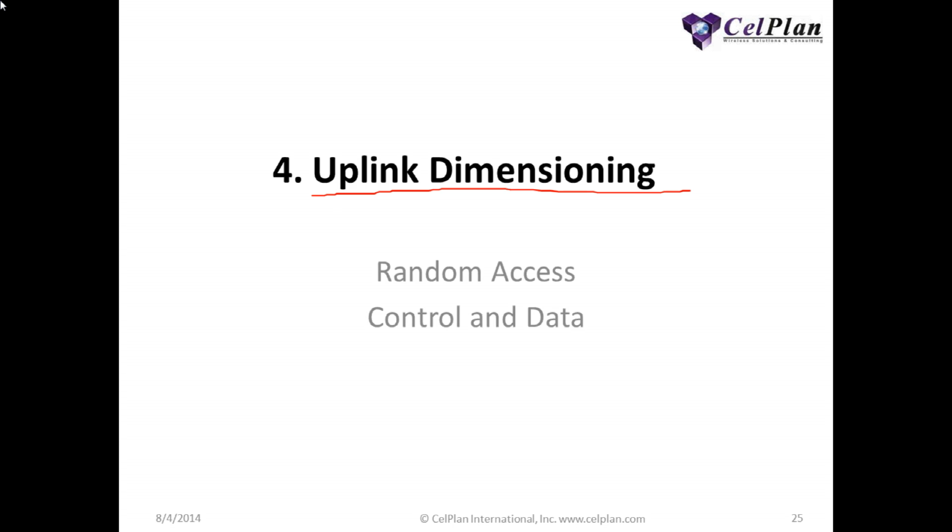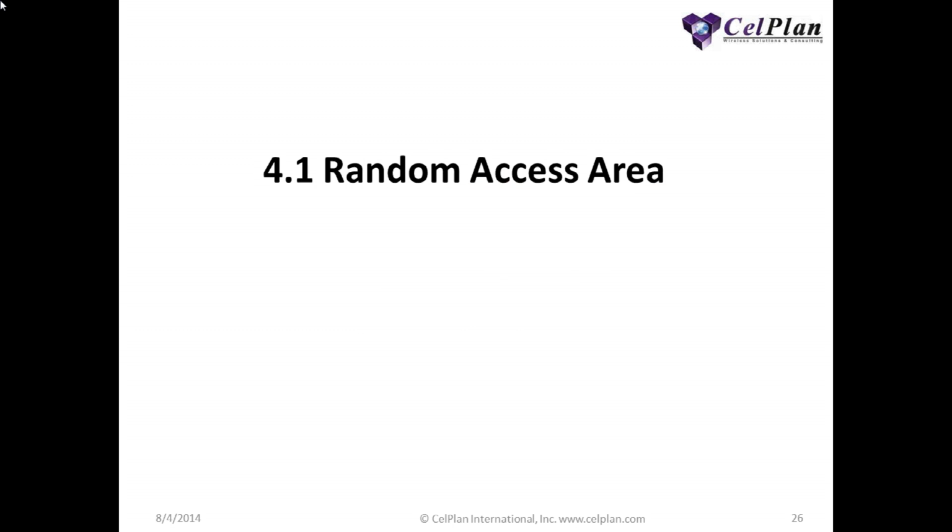Okay. So starting the webinar, we will talk about uplink dimensioning. It will have two parts, one part about random access, another part about control and data. Let's speak about random access in LTE.